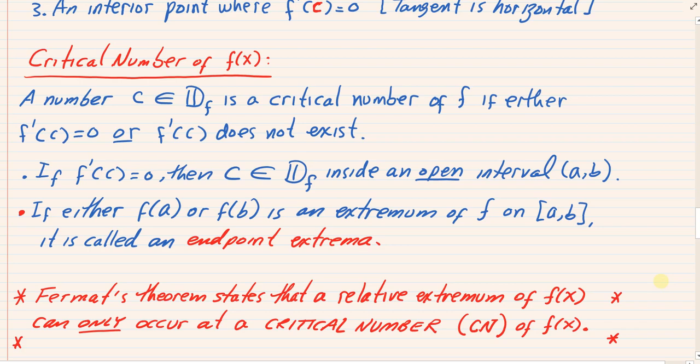So in the exercises we'll see in a few minutes, if the question reads find the relative extrema, we're going to find the critical numbers of the function, and then at those points we look at the tangent line, and then we decide whether at that point the derivative is 0 or does not exist.